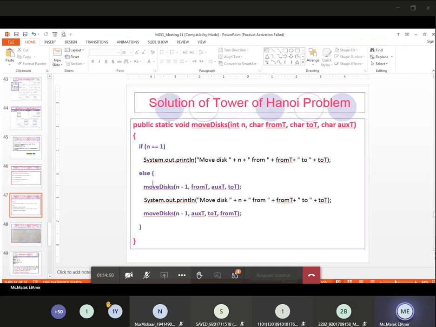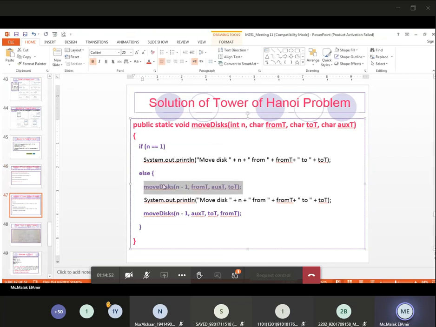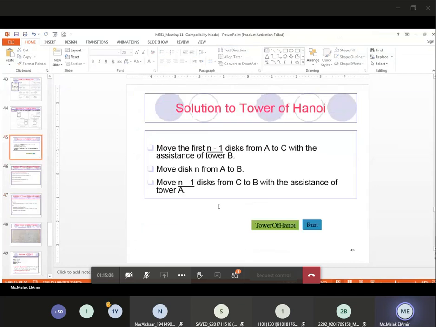Look, I am moving 2 times. Move n minus 1 to 1, so the new one. Then move the rest one to the new one, and back again n minus 1 to 1. So how many cases do I have? 3 cases, as he said.